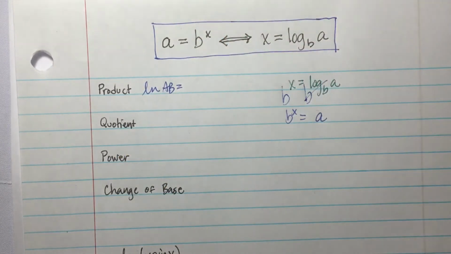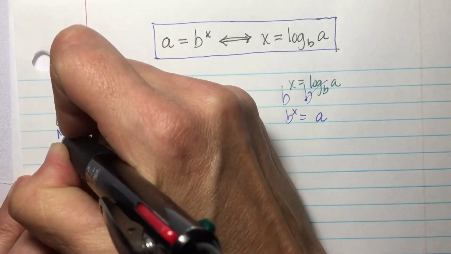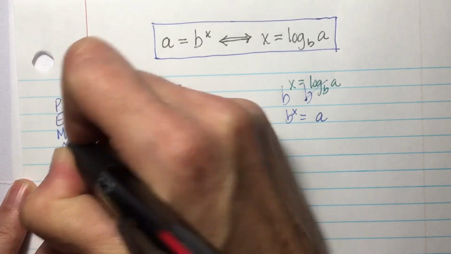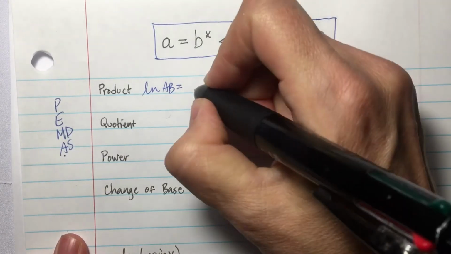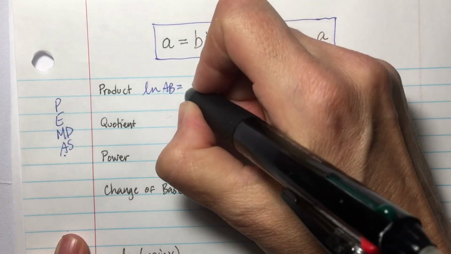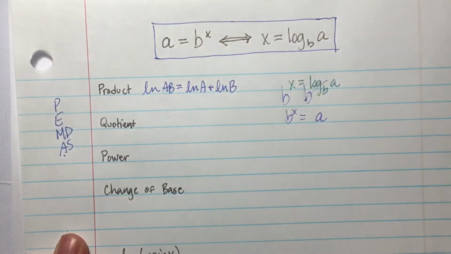One thing that logarithms do is they knock everything down on the order of operations. So thinking PEMDAS, and I always write it this way, multiply gets knocked down to add. So natural log of a times b is natural log a plus natural log b.